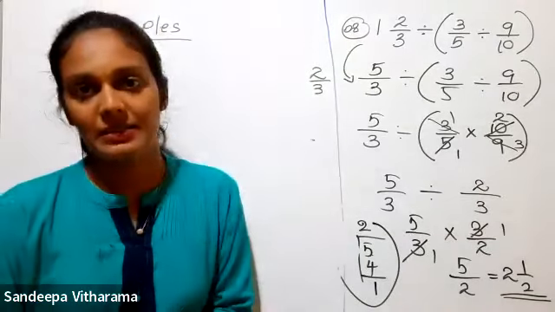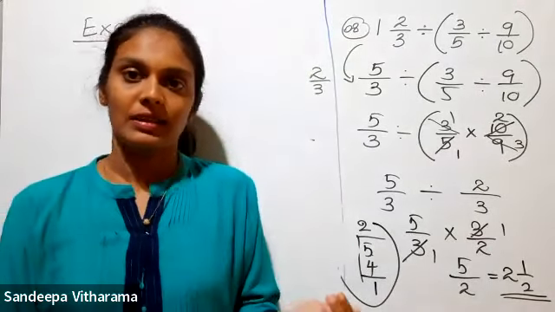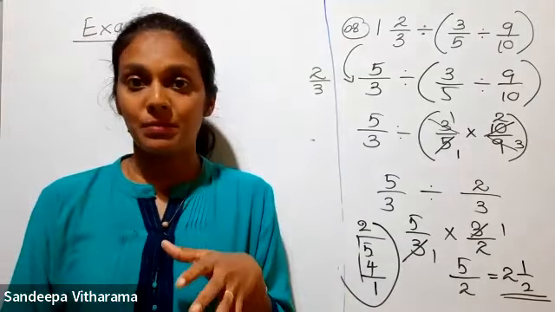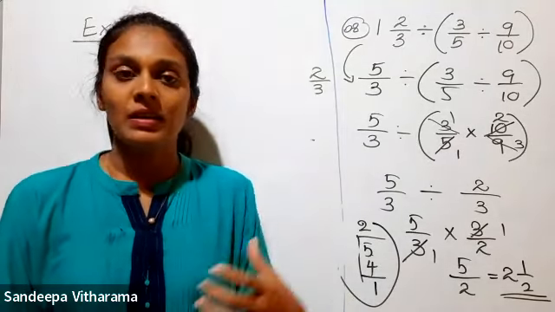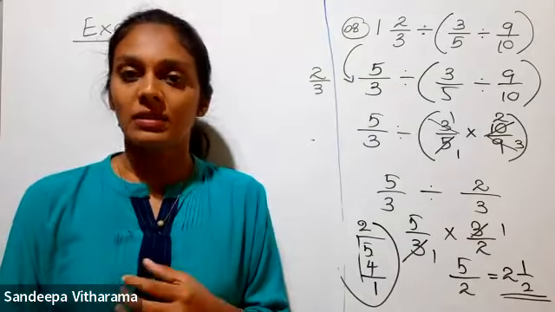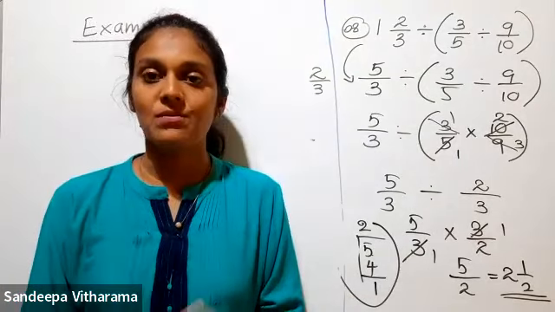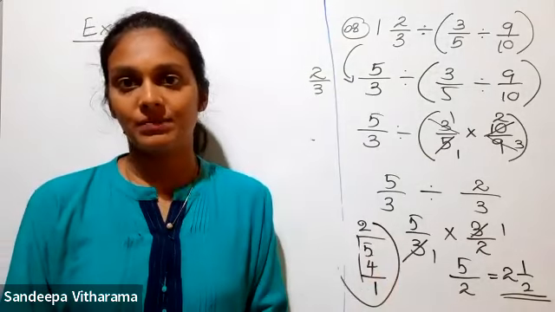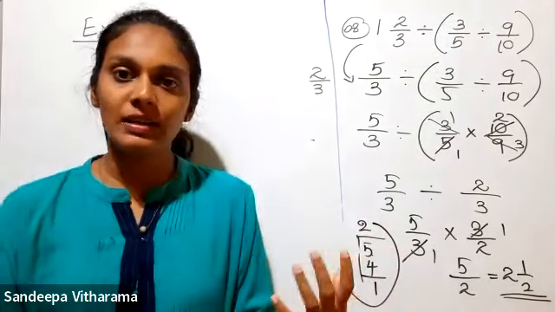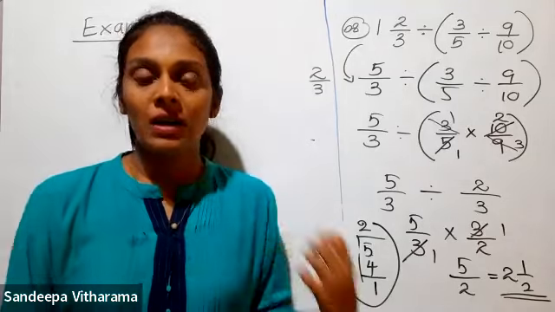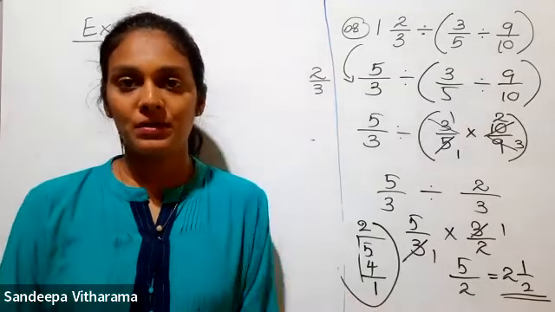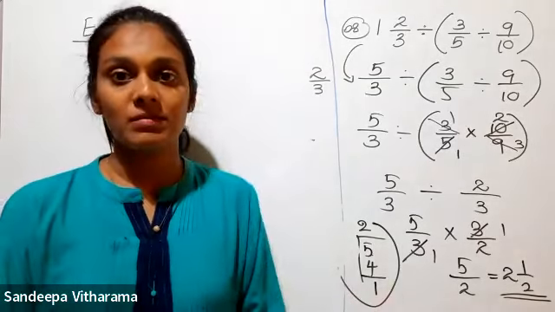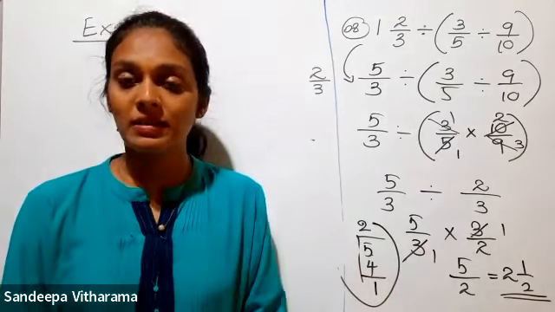Actually what I did is, in the previous week, I discussed how we have to simplify fractions when we have one operation at a time. That means how we do the addition, how we do the subtraction, how we multiply, how we divide, how we replace the 'of' term.